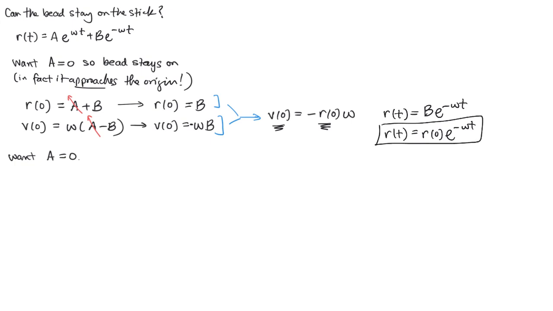And then the velocity would look like v of t is equal to the derivative of r, which is minus omega b, e to the minus omega t, and b again is r naught.